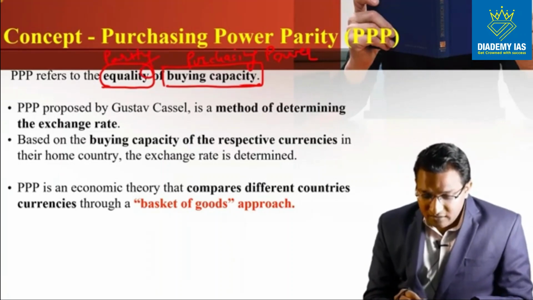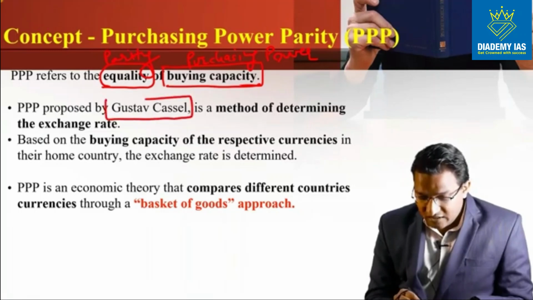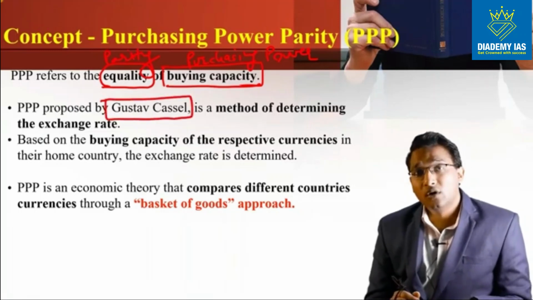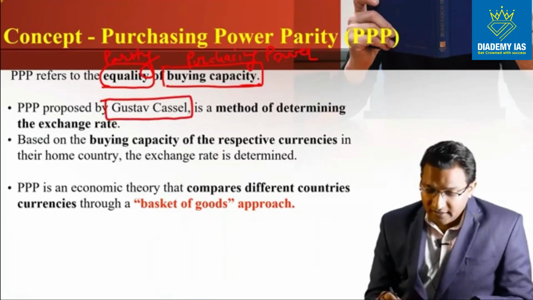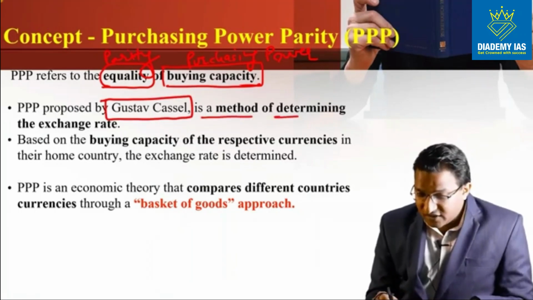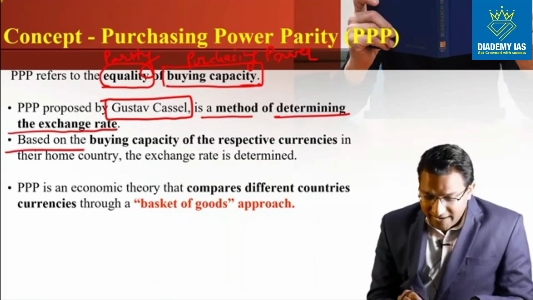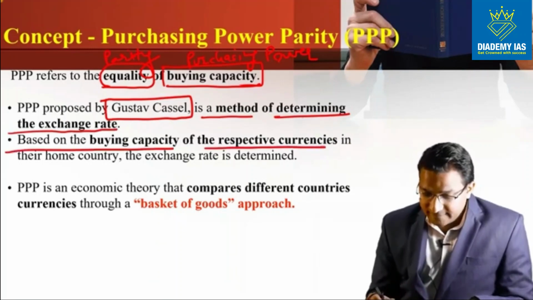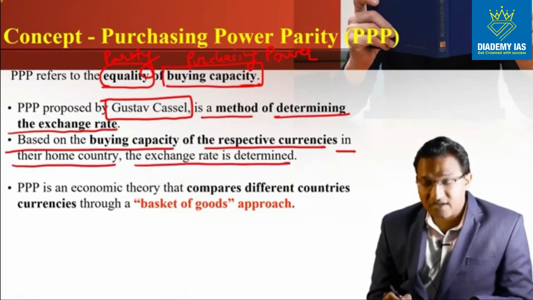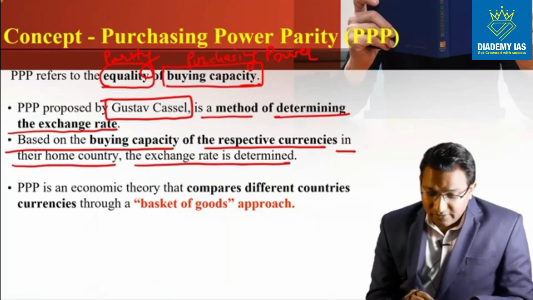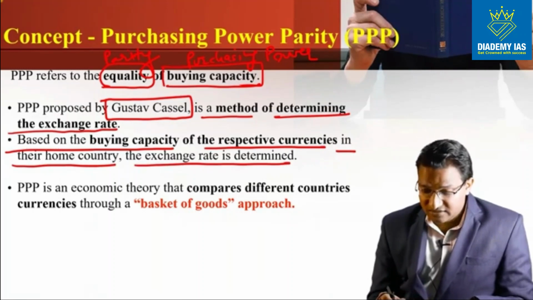PPP was proposed by Gustav Cassel. So this is the name of the person who proposed this, and it is a method of determining the exchange rate based on the buying capacity of the respective currencies in their home country. The exchange rate is determined based on the buying capacity of the respective currency, right?